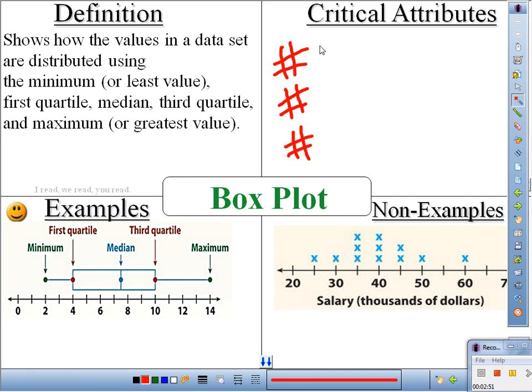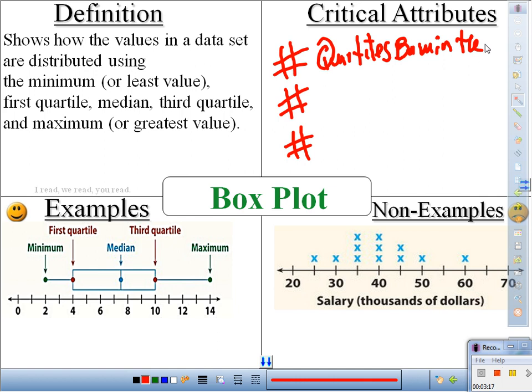Hashtag quartiles. Hashtag no dot. Alvaro?